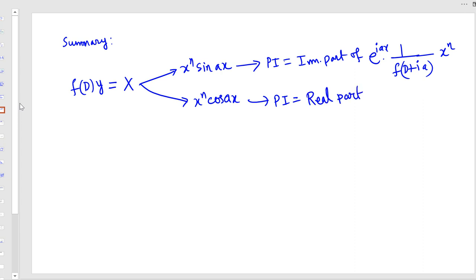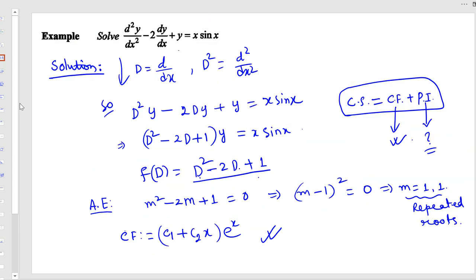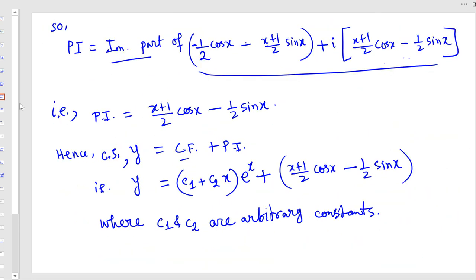So this particular problem will solve two pi's actually. Okay. So if the function is given as x cos x in place of this, then also we'll apply the same formula. And then at the time of writing the final answer pi, we'll take this part, the real part. So this is our imaginary part.